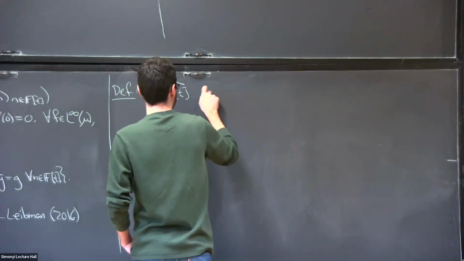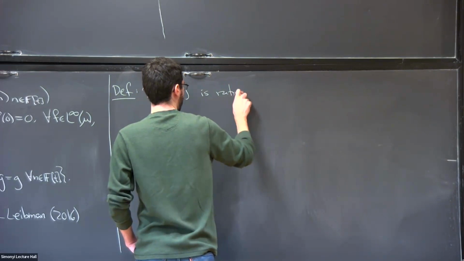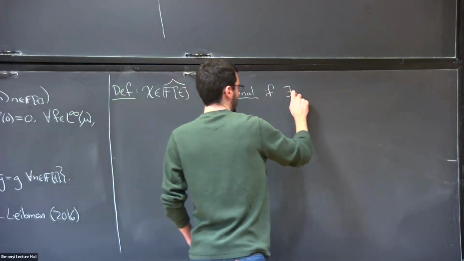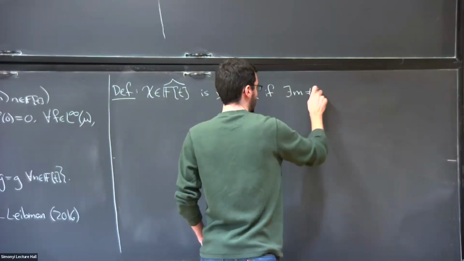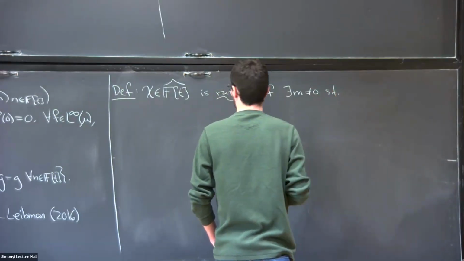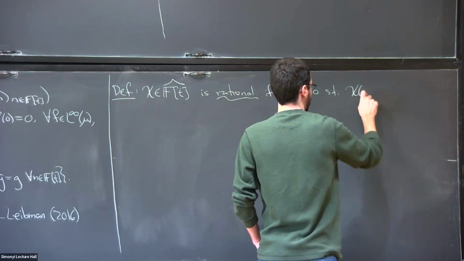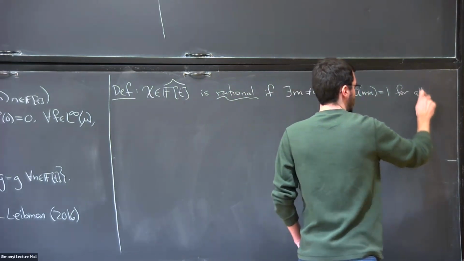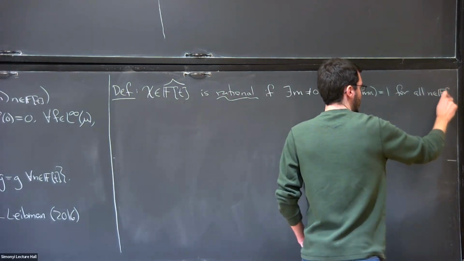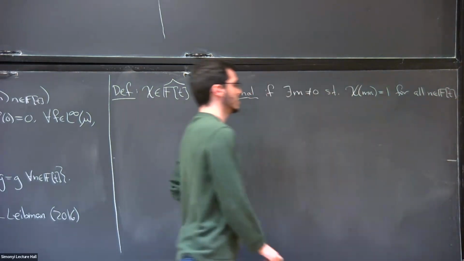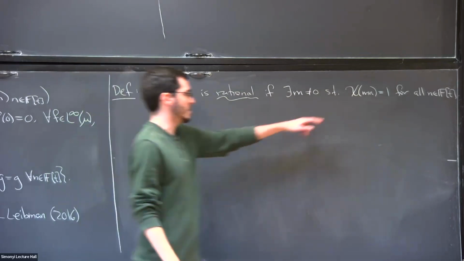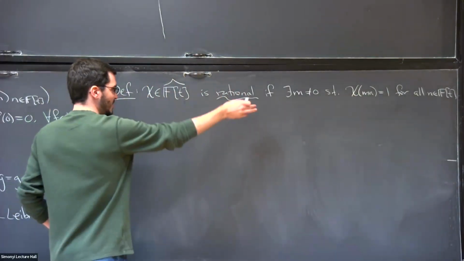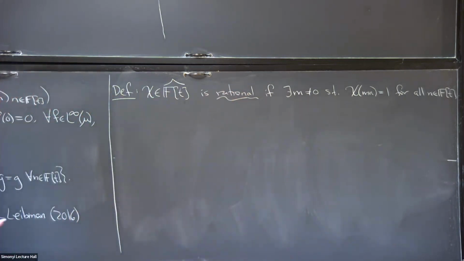I'm going to say that this character is rational if there's some m such that this character is n periodic. And then irrational if not rational.